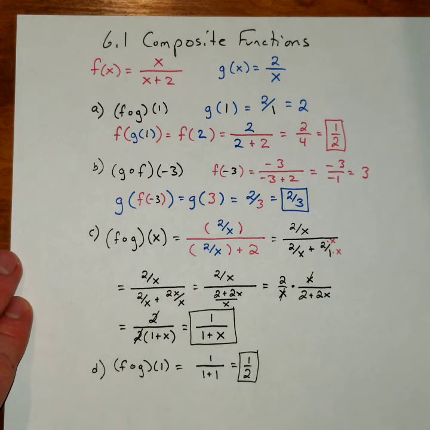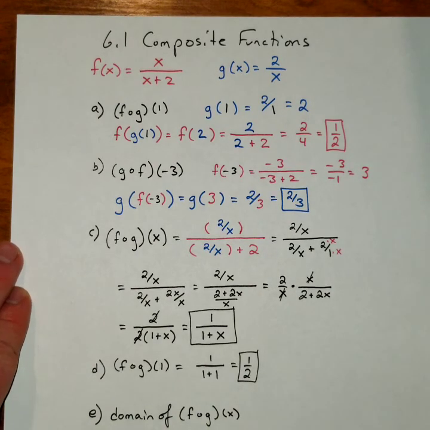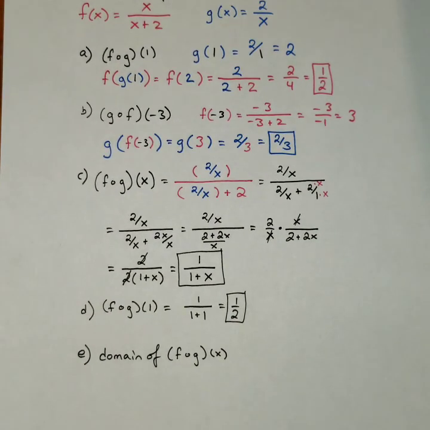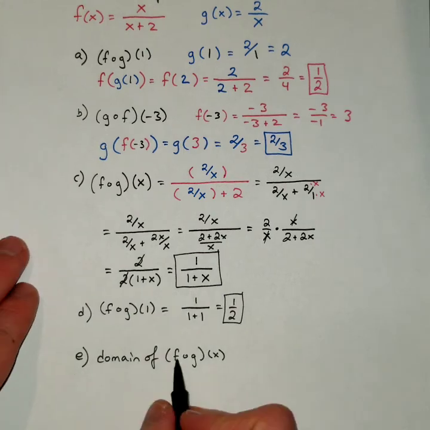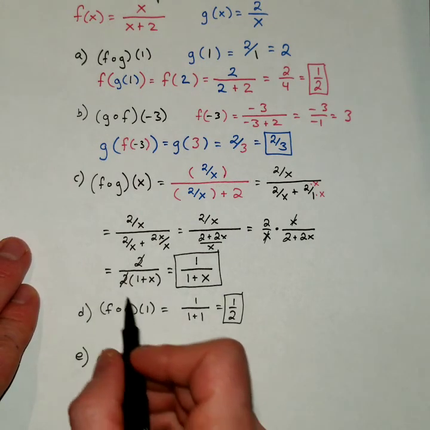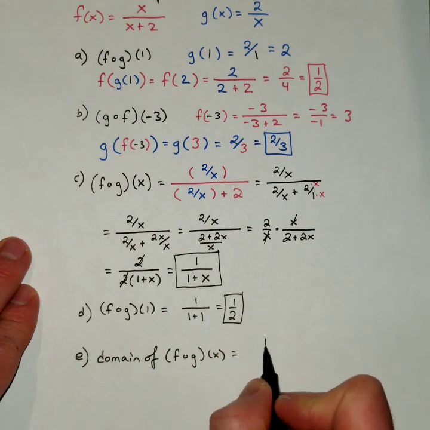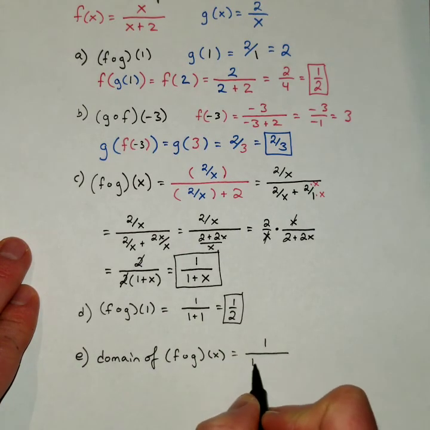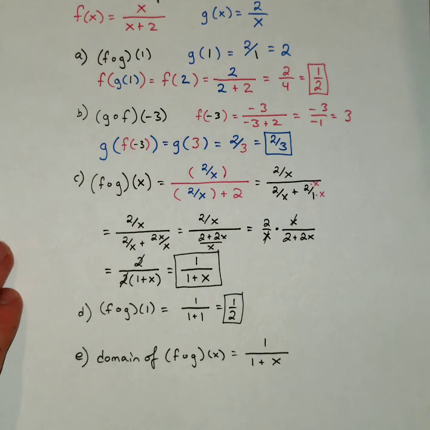Okay, now finally, the last thing I want to look at is the domain of a composite function. And typically the domain of a composite function is the domain of the new function. So in our case, if I do f of g of x, the new function, we found that a couple problems ago, is 1 over 1 plus x.